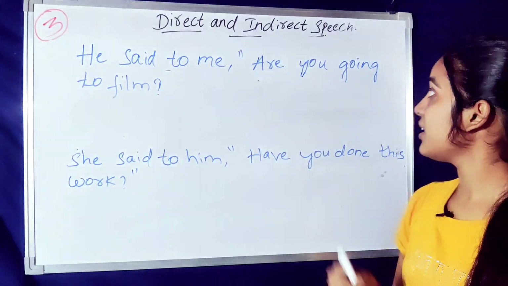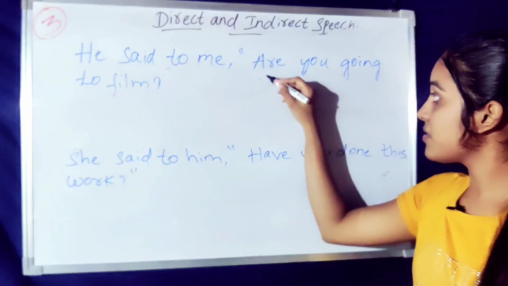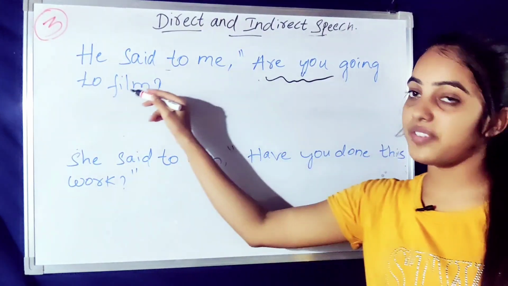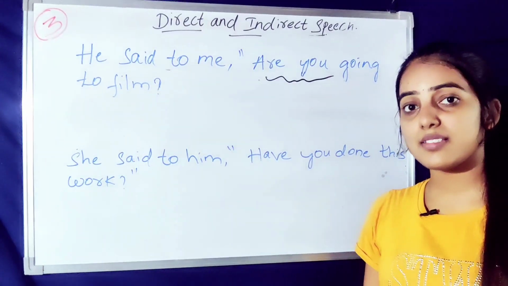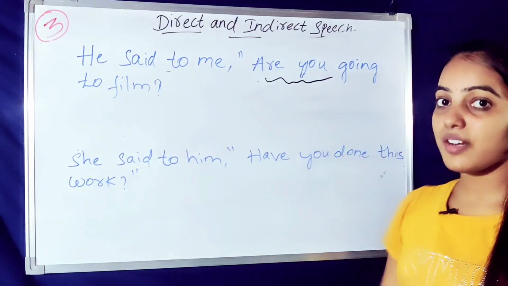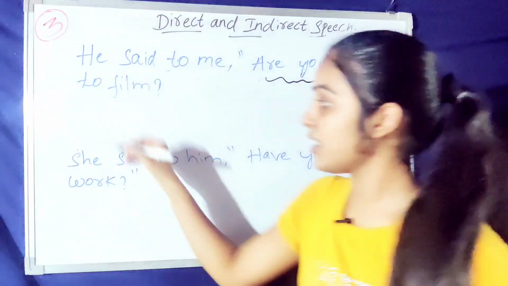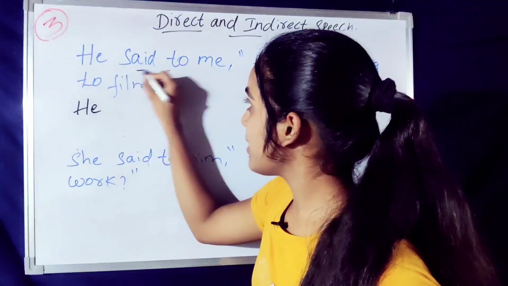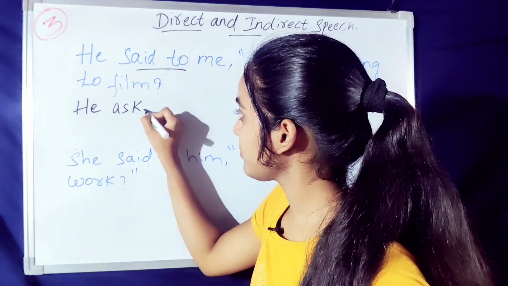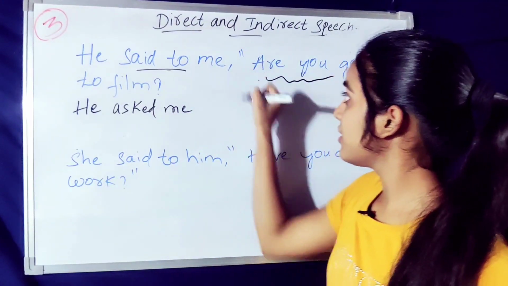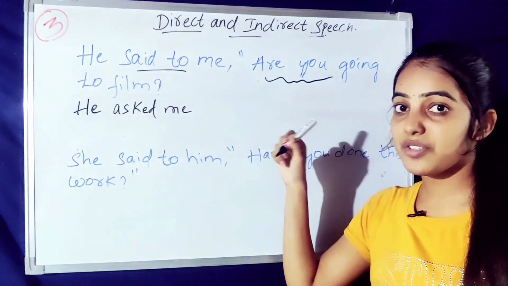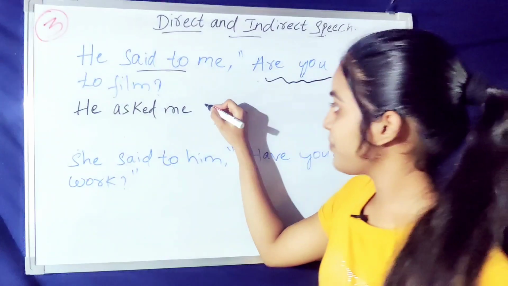Now look at this. He said to me, are you going to film? Observe the reported speech. Are you going to film? We can simply answer it by saying yes or no. So this is confirmative. Now follow the rules and convert. He said to will be changed to asked me. Here to remove inverted commas we should use if or whether.